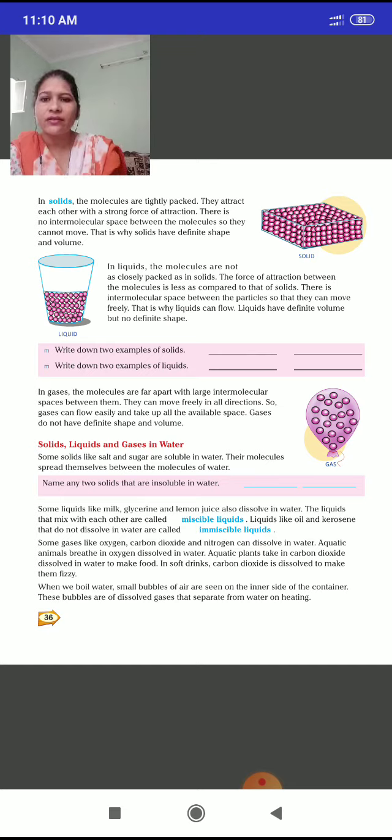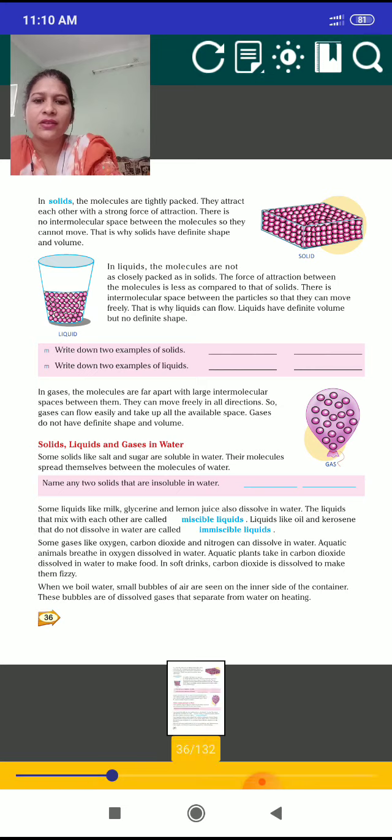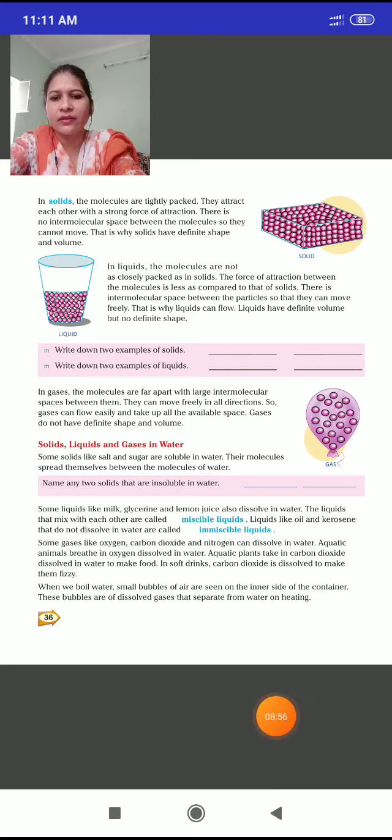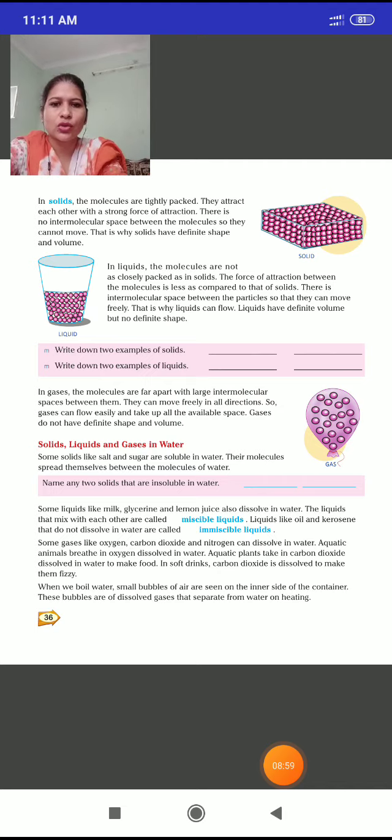And what is an aquatic animal? Animals which live in water are aquatic animals.